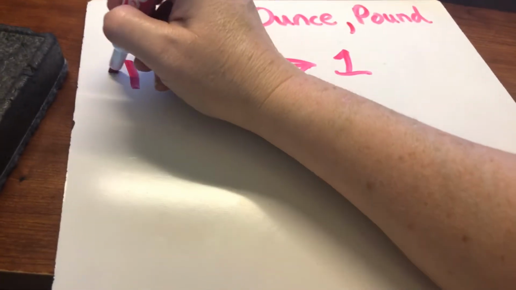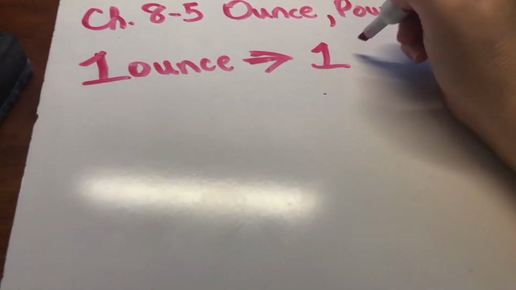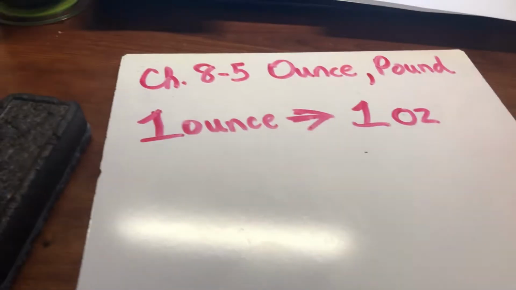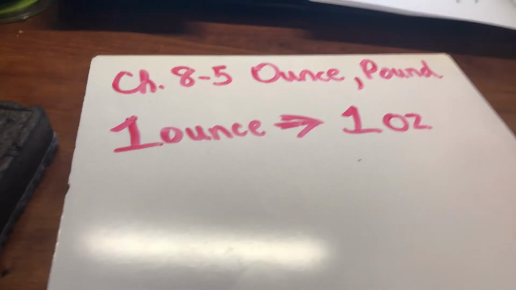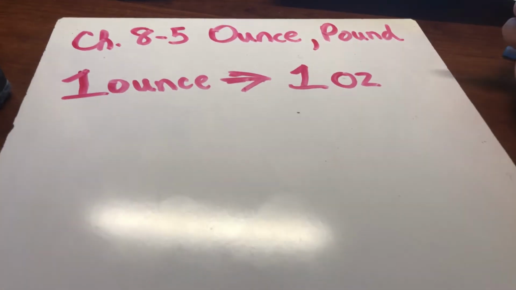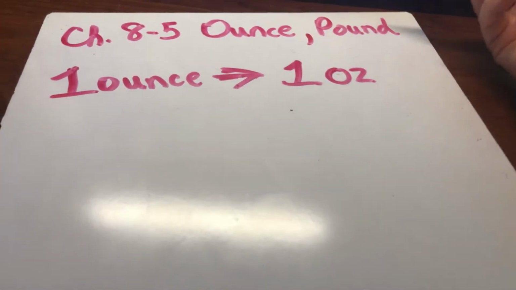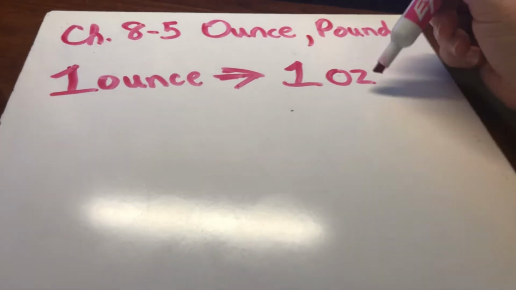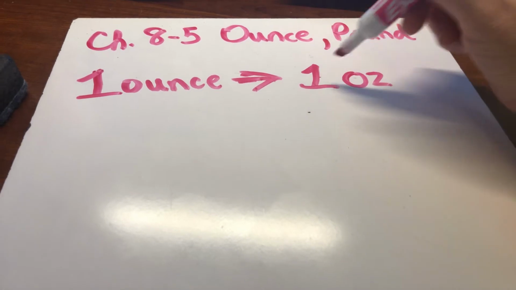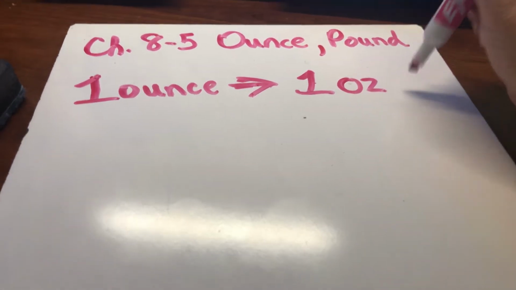1, I'm going to make my ones look like ones, okay? 1 OZ, okay? OZ. No period. I know that's crazy because there's no Z in the word ounce. But in the Latin word from which it's derived, there is a Z. So it's 1 OZ. Space in between the 1 and the OZ, no period.